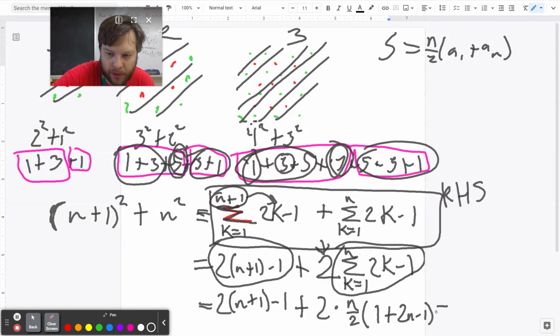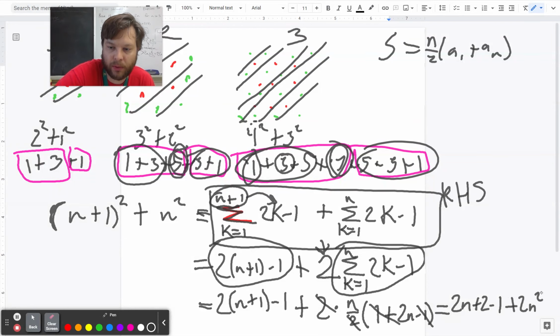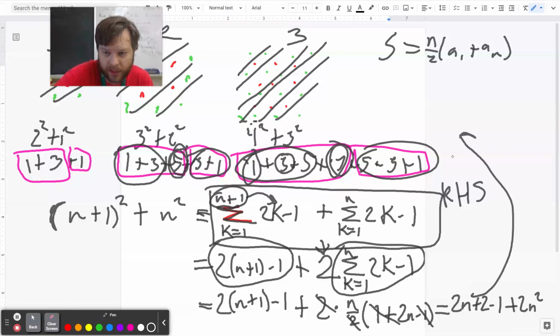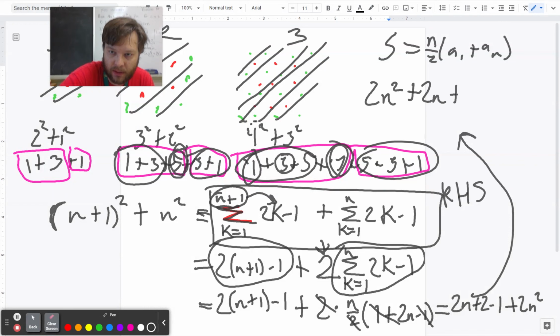So what do we get? Let's multiply a bunch of stuff out. We get 2n plus 2 minus 1. 2 and 2 cancel. 1 and 1 cancel. Plus 2n squared. So I have 2n squared plus 2n plus 1, which I have a goal because I'm trying to prove it directly.